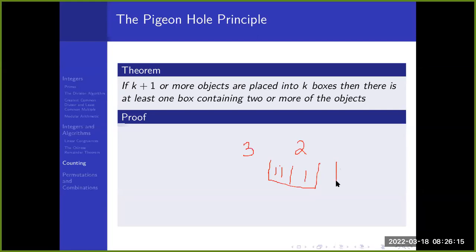The other way is if all 3 are put in one box. So you can have at least 2, but you can also have more than 2, depending on how you choose to put them in the boxes. So that's what the theorem says. If you have k boxes and k plus 1 or more objects to place into the k boxes, then there's at least one box containing 2 or more of these objects.